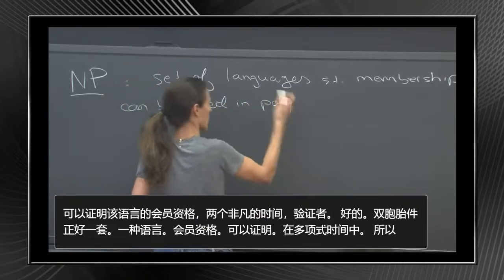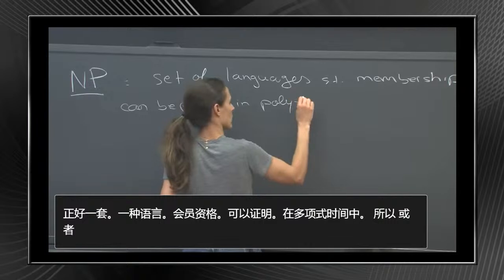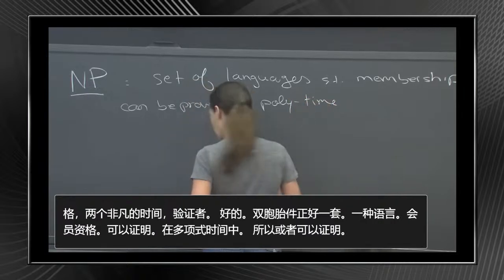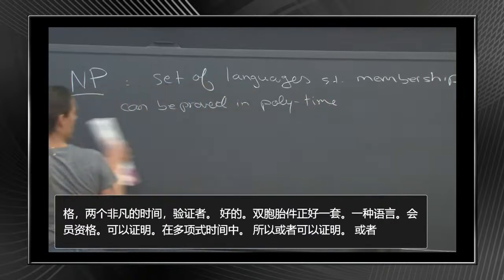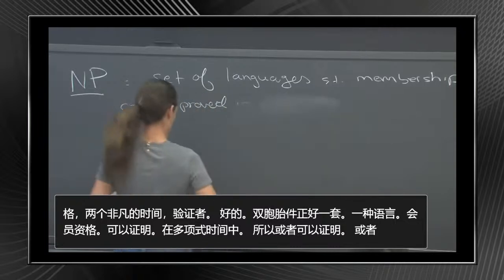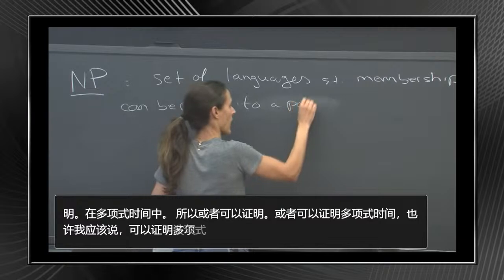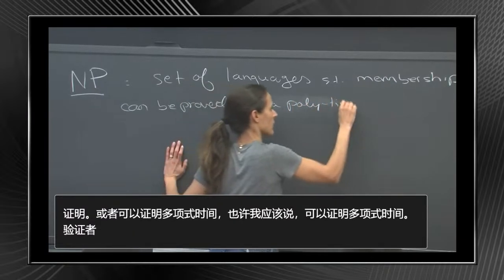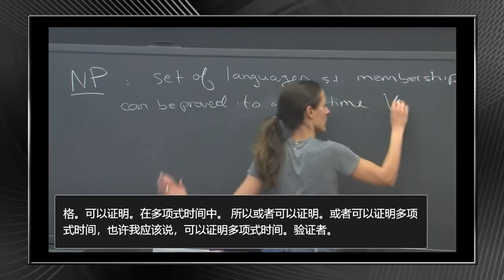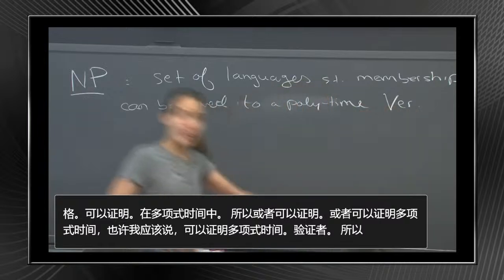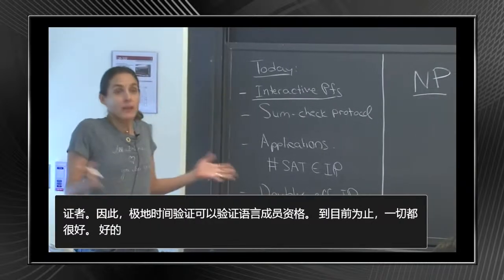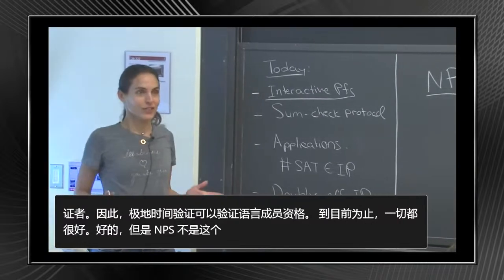So you can prove to a polynomial time verifier. So a polynomial time verifier can verify membership in the language. So far, so good?